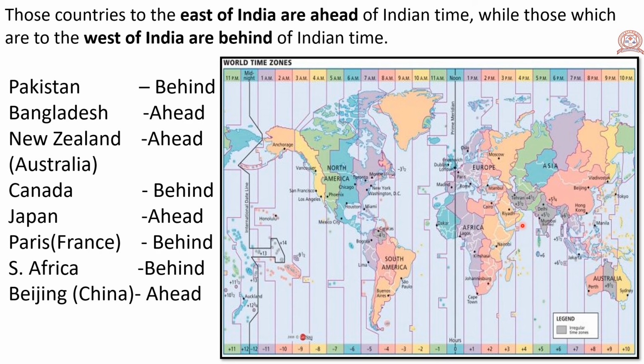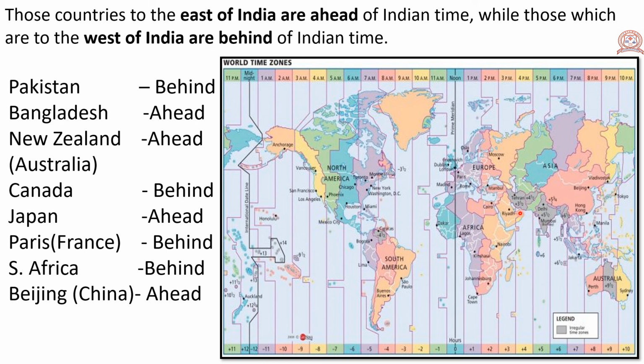See, in this world map, India is located here. This is the north of India, south, east, and west. Those countries to the east of India are ahead of Indian time, while those which are to the west of India are behind Indian time. Let us see whether the time in the countries given is ahead or behind India.